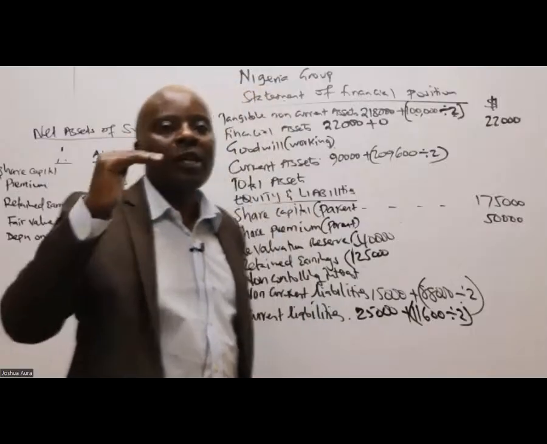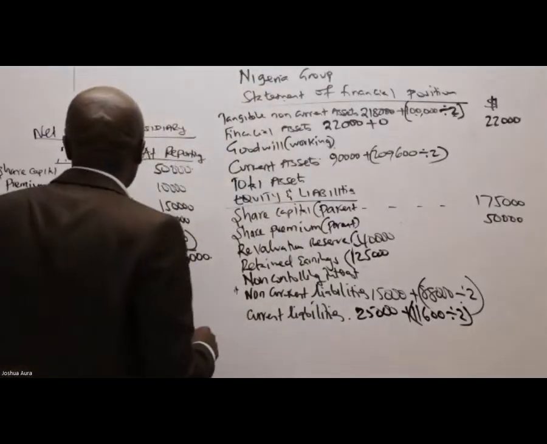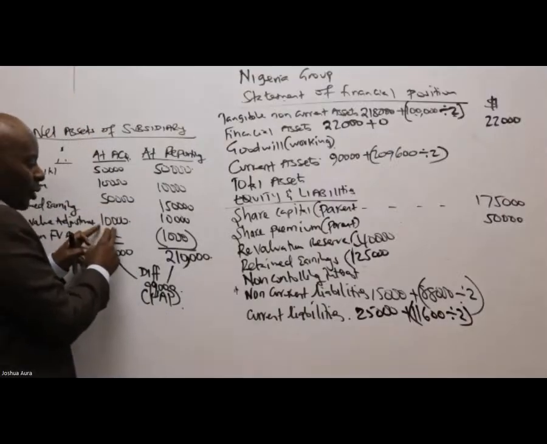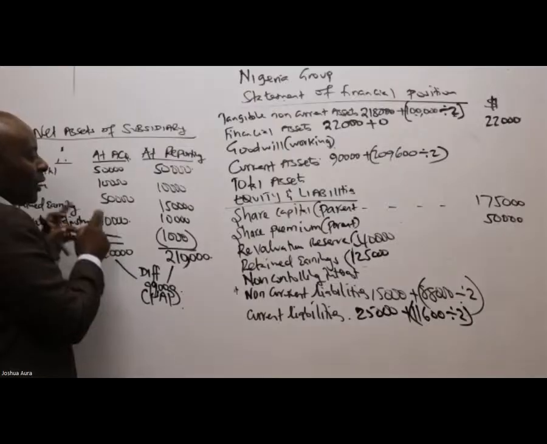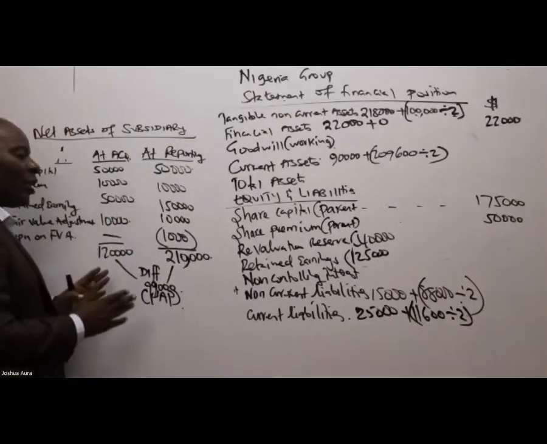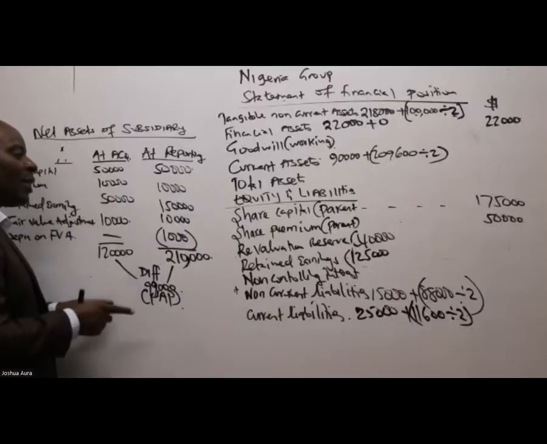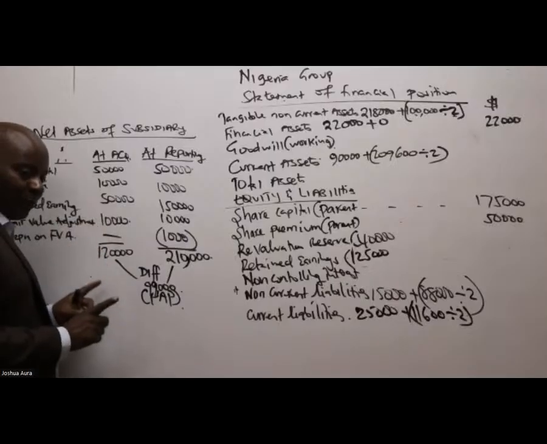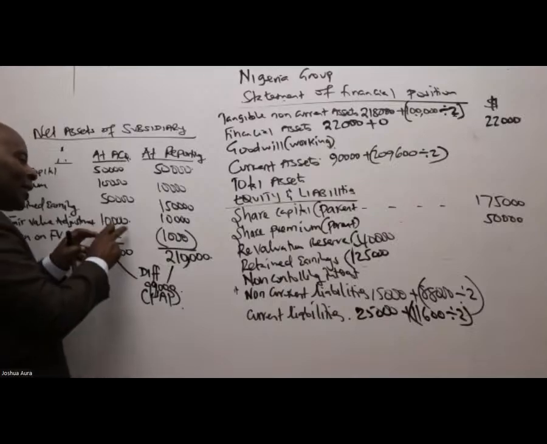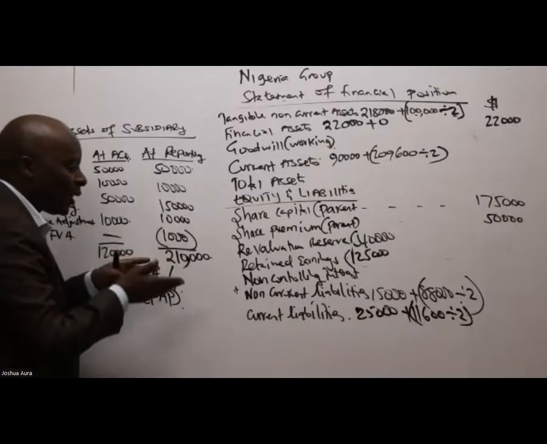So this is what we are calling fair value adjustment. The fair value adjustment of our assets here is a positive 10,000. So you'll have positive 10,000 at acquisition, and the same figure is replicated where? Here.